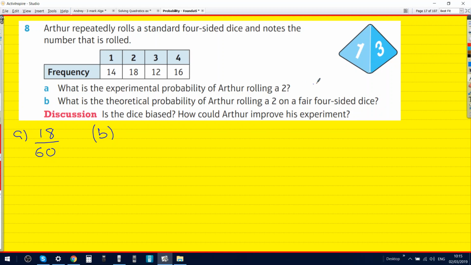Okay, so if you roll a 4-sided dice, probability will land on a 2. Would that just be 1 over 4? Yeah. That's 1 over 4. What would that be as something over 60? Would that be 15? Yeah. And what did we get for our experimental probability? 18 over 60.